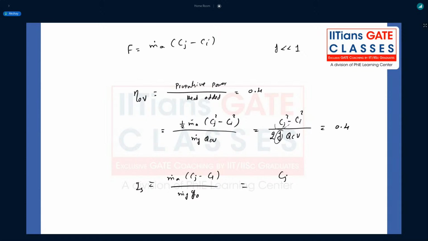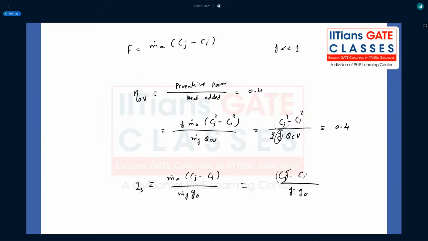So this becomes Cj minus Ci divided by F times g naught. Either I can express Cj in terms of all these variables or F in terms of all these variables. Both Cj and F are unknown here.